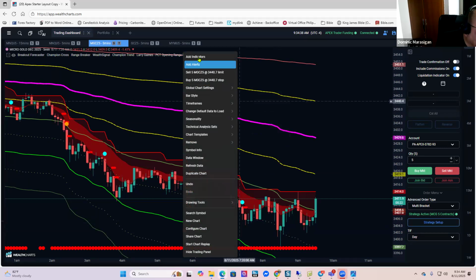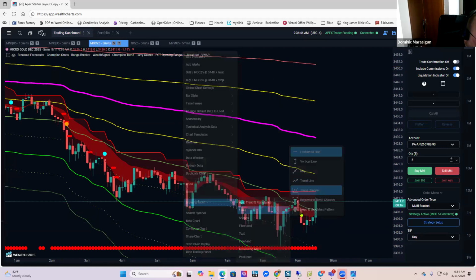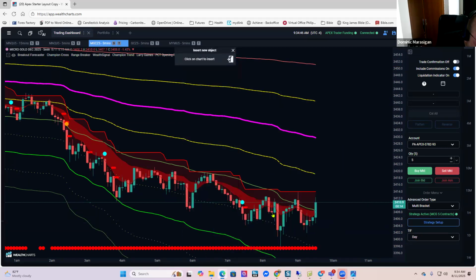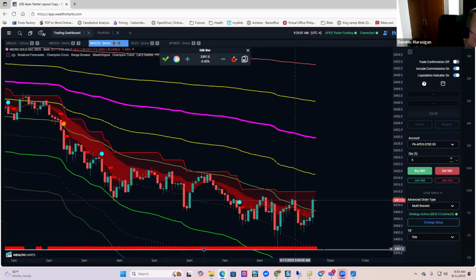So I'm doing an orb here. Let me add lines. So the orb would be, where is that down here? 1, 2, 3. This one, I want to double that.